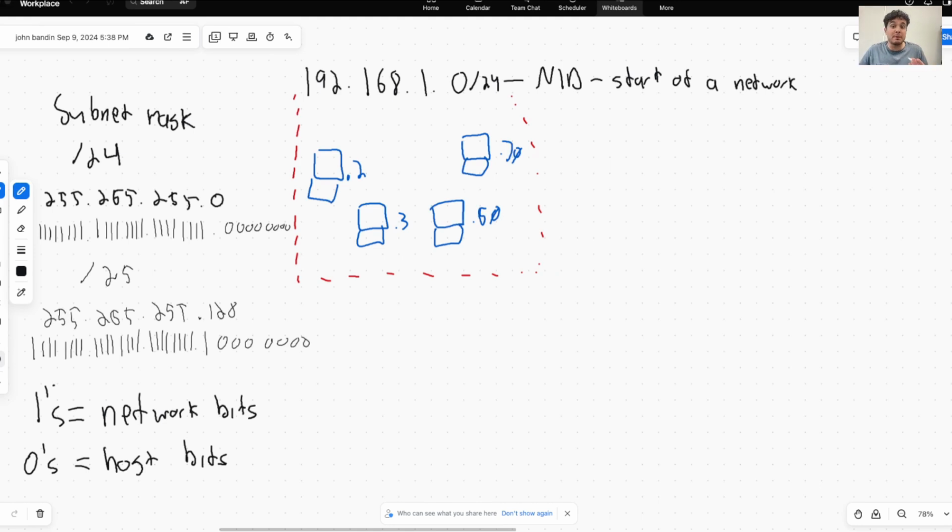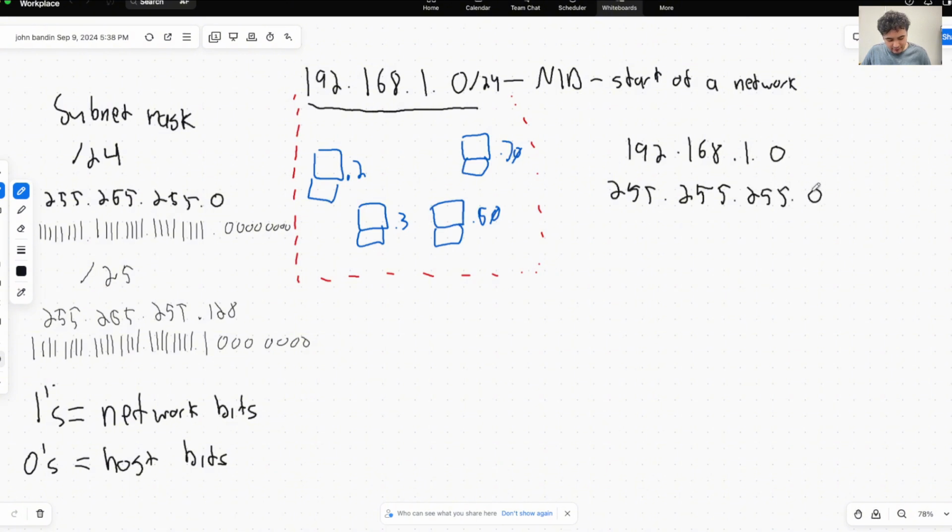So let's compare the IP address, our network address, with the subnet mask. Remember, we said here's our network, here's all of our computers. But how do they know they're all part of the same network? Well, we take that network ID, 192.168.1.0, and this subnet mask, 255.255.255.0, and we convert both of these to binary.